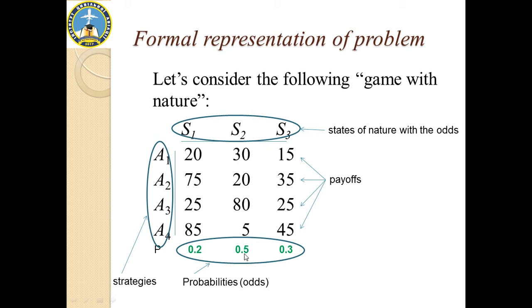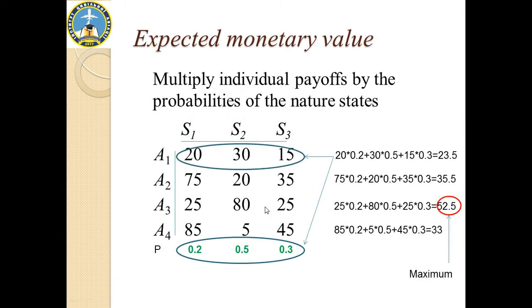So let's consider formally this example. We need to calculate the expected monetary value for every strategy. This expected monetary value will account for the individual payoffs in a particular strategy depending on different states of nature and the odds.